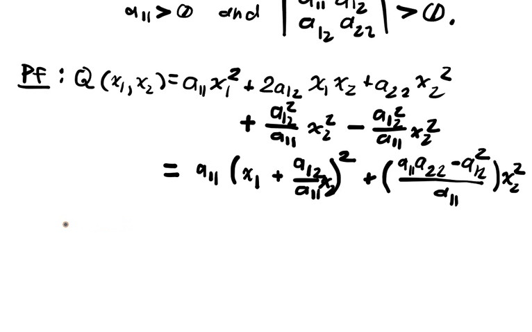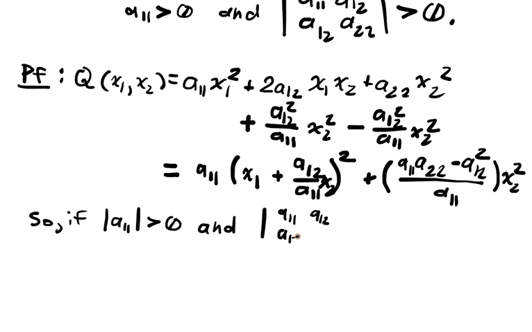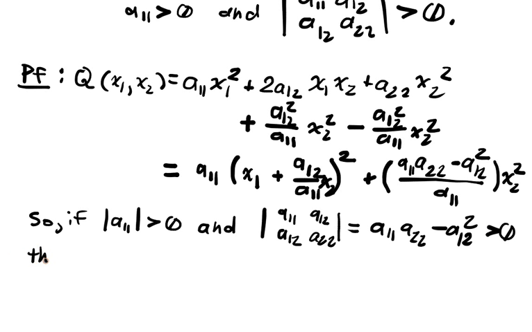So let's look at it. If a11 is greater than 0, and the determinant of [a11 a12; a12 a22], which is equal to a11 a22 minus a12 squared, which is this guy here, is greater than 0, then that means that a11 is positive.